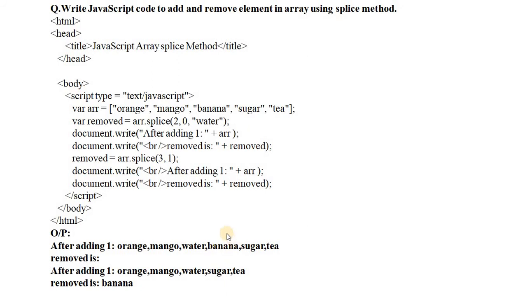From the third position banana is removed from the array and no elements are added, so the output is orange, mango, water, sugar and tea, and the removed element is banana. This is the code to add and remove elements in an array using the splice method.